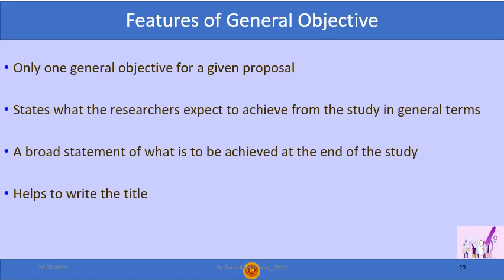So this is like a broad statement of what is to be achieved at the end of the study. And the general objective literally helps you to write the title. Remember that. So when you are going to write the title, you will be using the general objective, and vice versa. The title should cover the general objective.